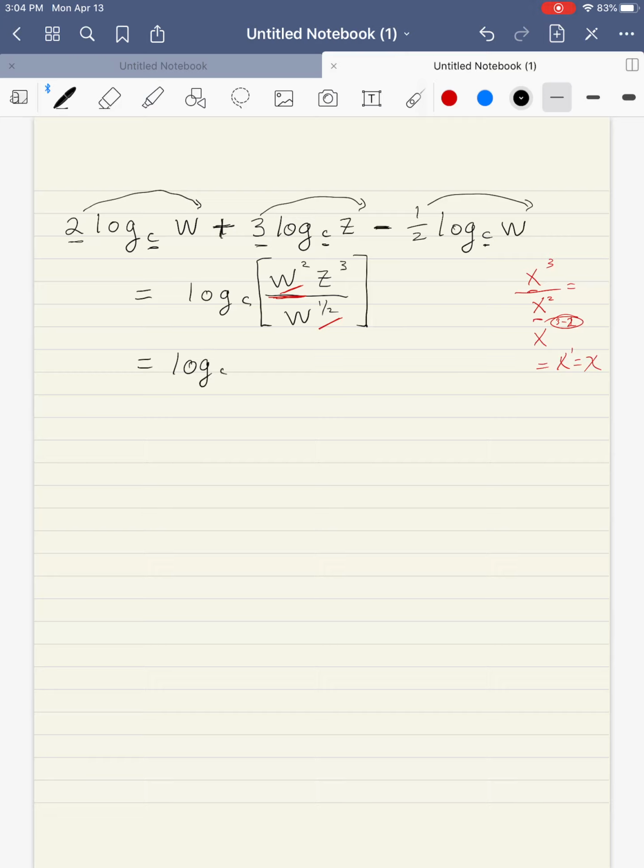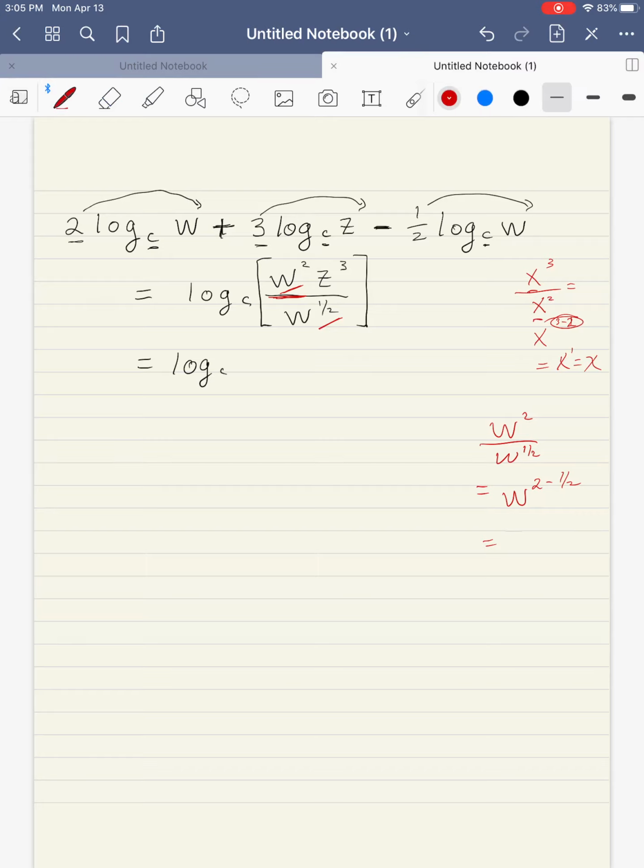So I can rewrite the logarithm base c, and I can have w squared divided by w to the 1/2 is the same thing as w to the 2 minus 1/2.